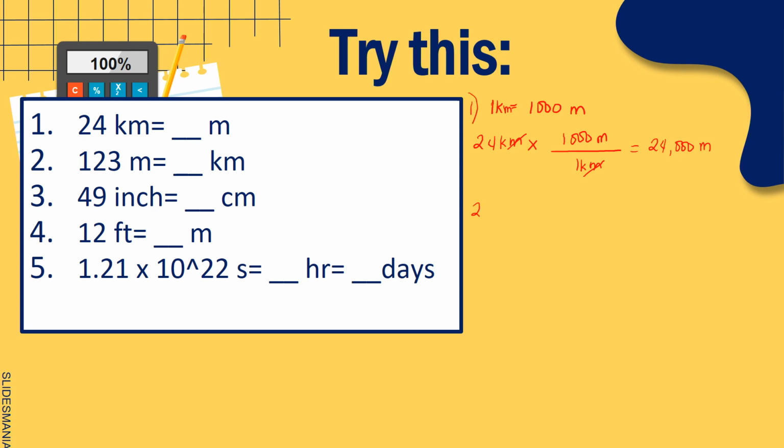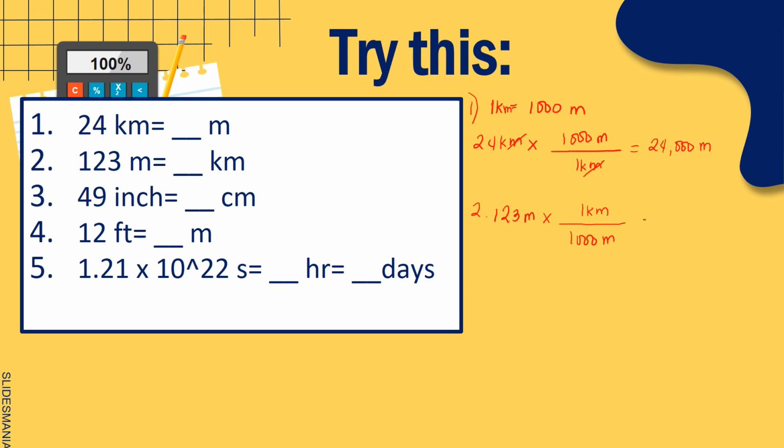For number 2, we have 123 meters to kilometers. So we have 123 meters times, just write 1 kilometer at the top, and then 1,000 meters at the bottom, since we have 1 kilometer is equal to 1,000 meters.